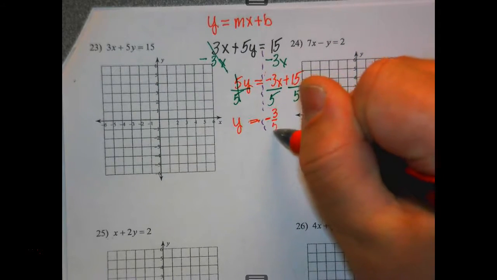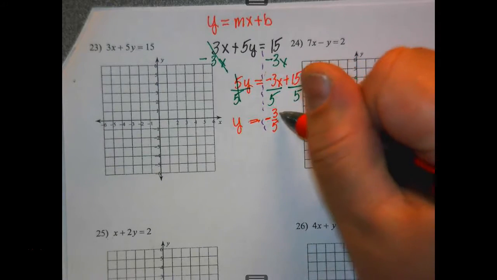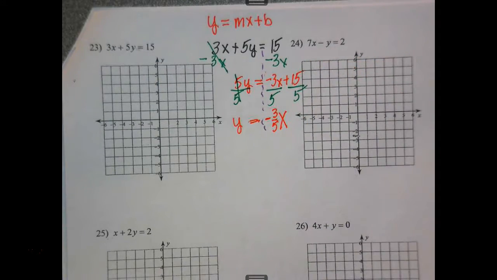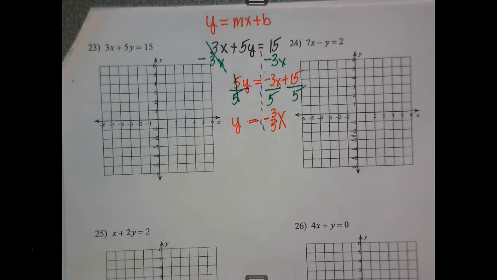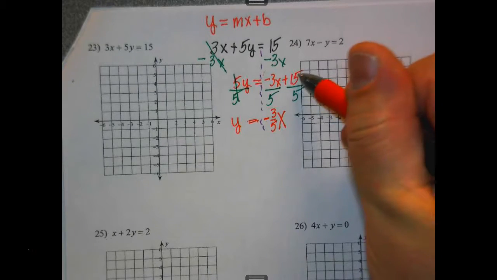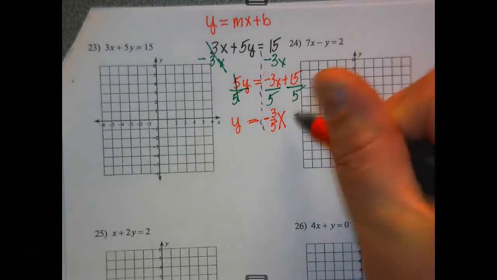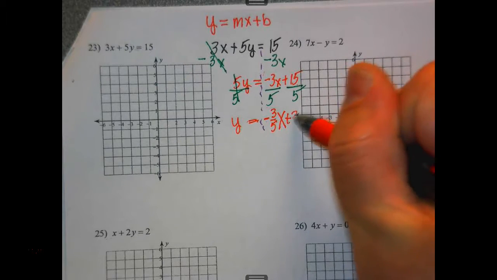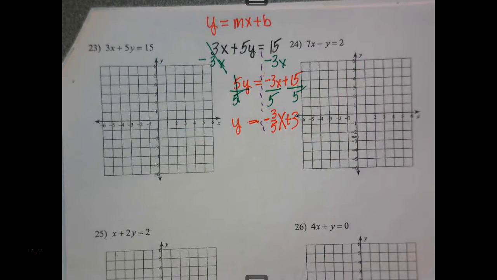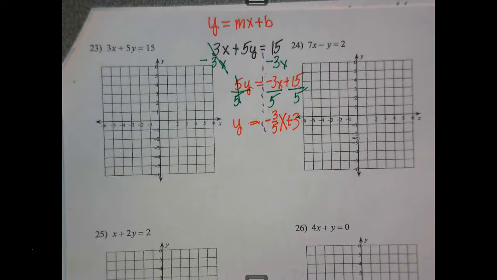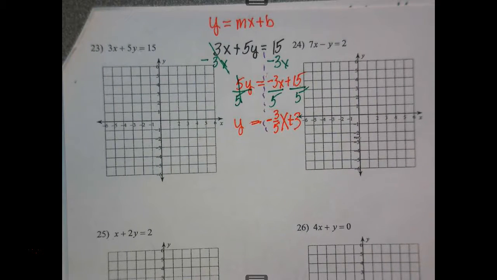I'm going to put my x on the outside of that, because it's in the numerator. And then I have a positive 15 divided by a positive 5. That's a positive 3. So this is really a hard problem, a lot of steps.